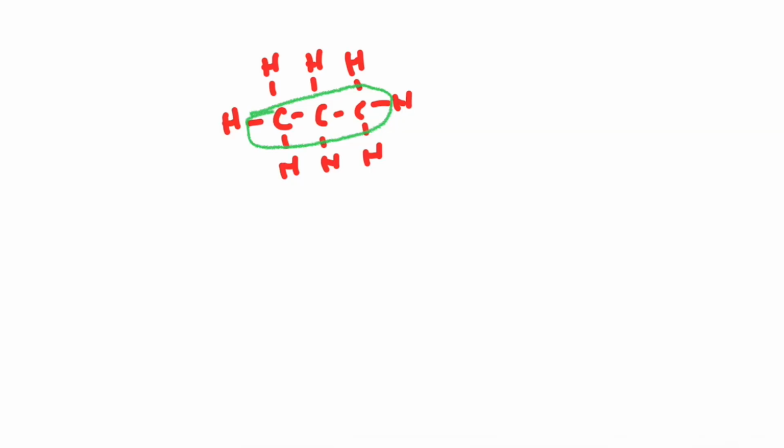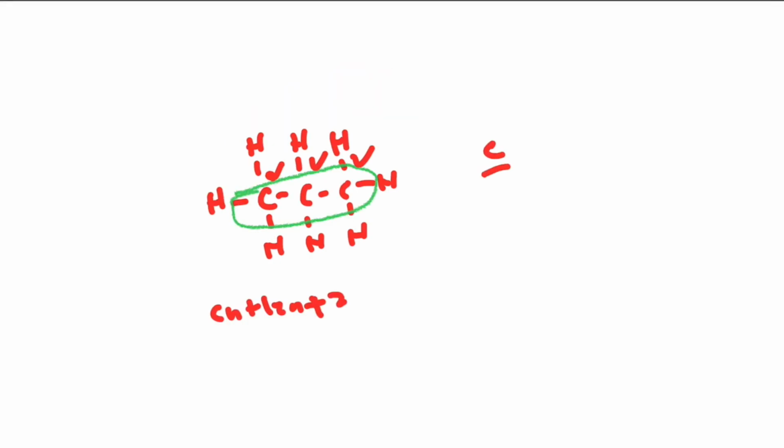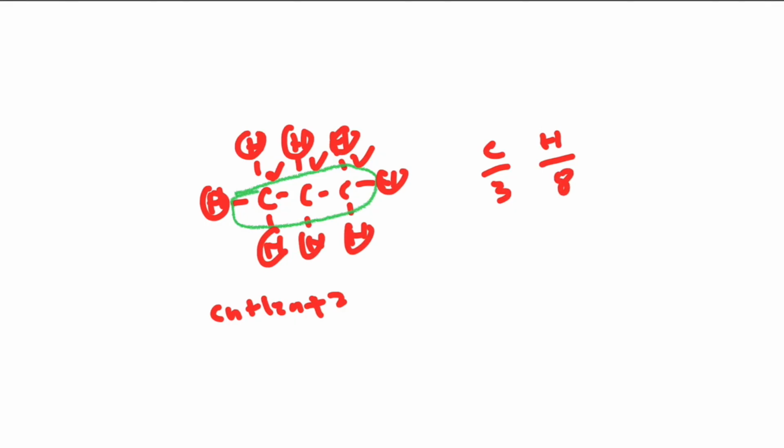And then let's talk about the general formula. We say that the general formula for alkanes is CnH2n+2. So let's go ahead and make sense of this. Taking a look at the number of carbons we have, 1, 2, 3. We have 3 carbons. Let's take a look at the number of hydrogens we have. 1, 2, 3, 4, 5, 6, 7, 8. We have 8 hydrogens.